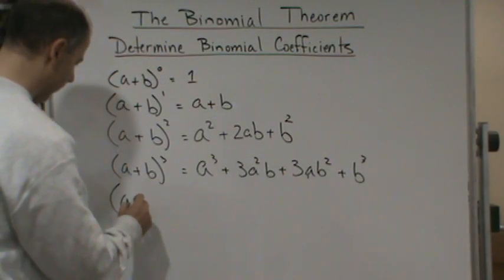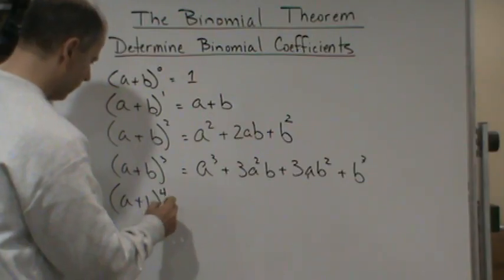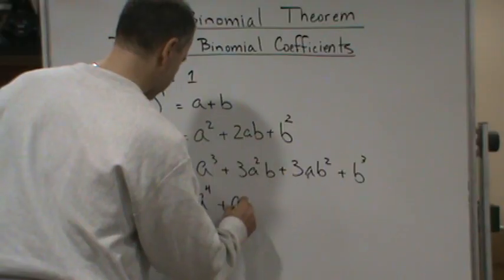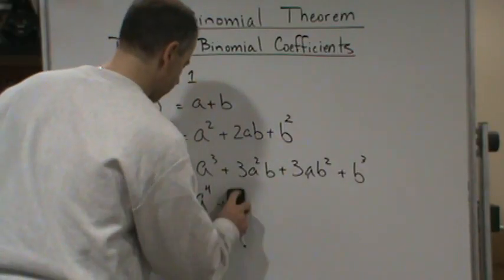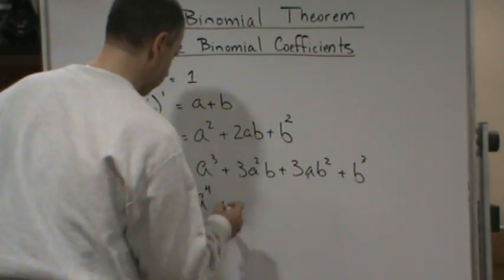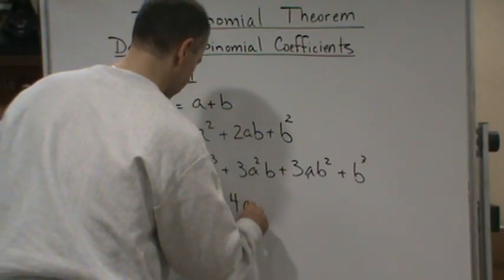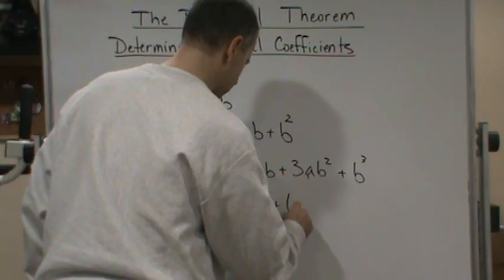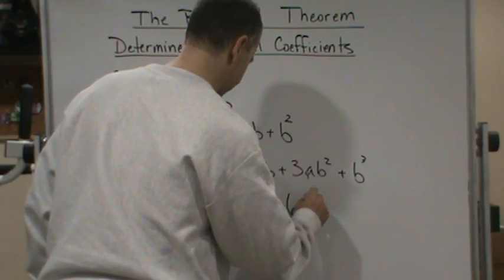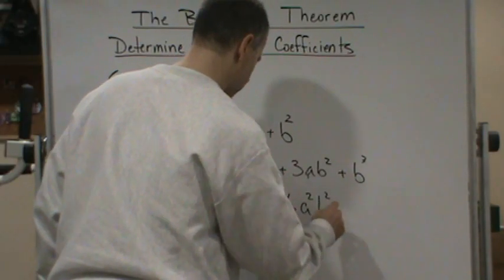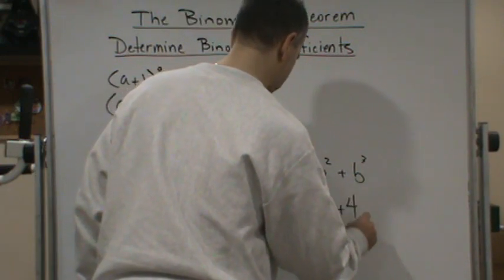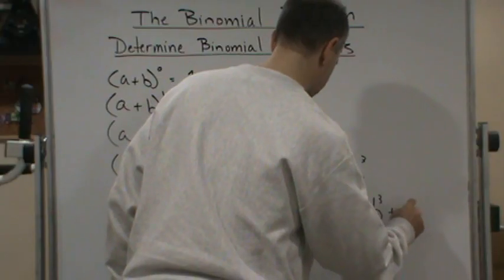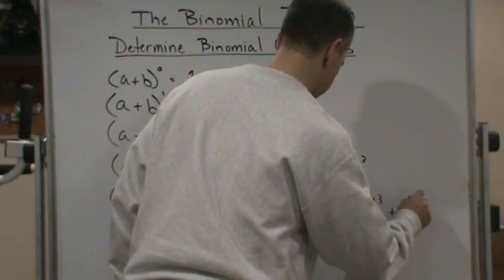And then (a + b)^4, that's going to be what? a^4 + 4a^3b + 6a^2b^2 + 4ab^3 + b^4.